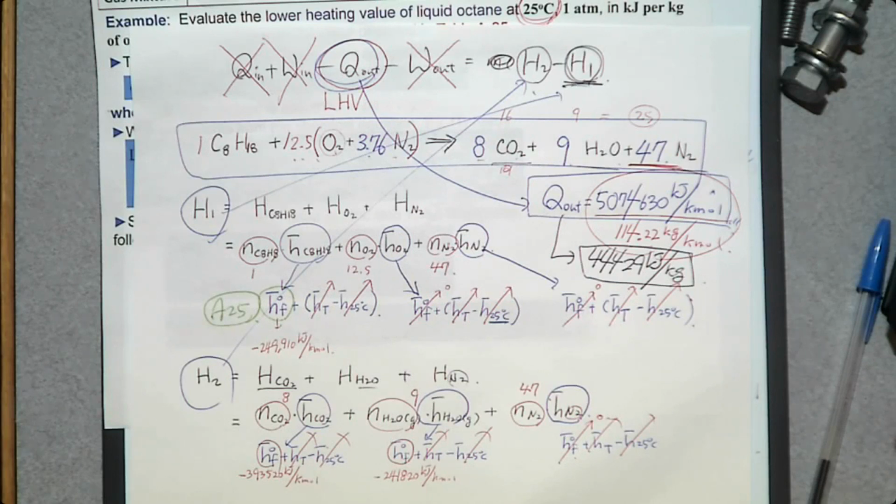So it just depends on the phase of the water. If you do not know the phase of the water in the product, you cannot determine lower or higher heating value. So that condition, the phase of water, should be given. Yes.